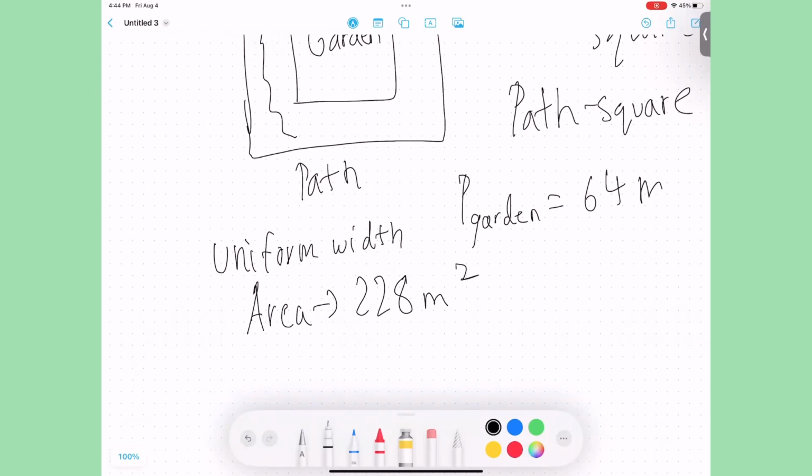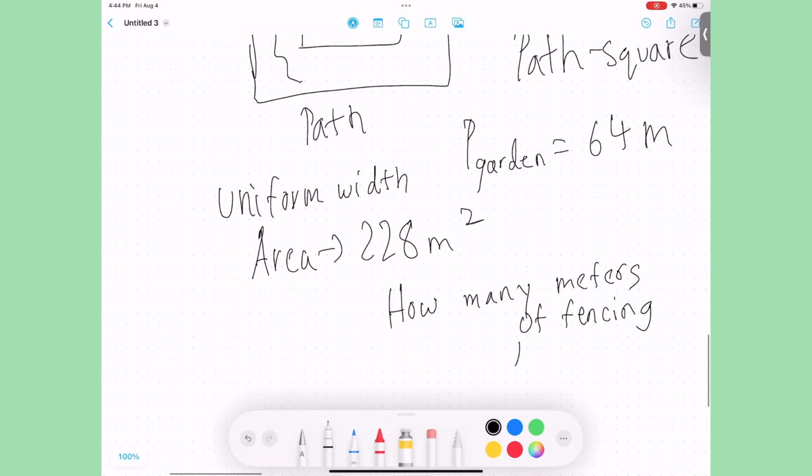So what the problem is asking is how many meters of fencing is required to surround the outer edge of the path.